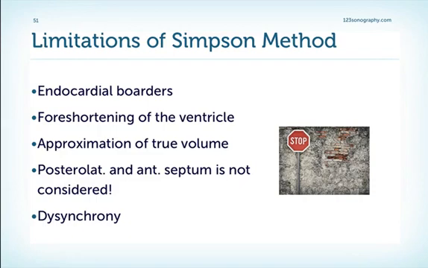It is only an approximation of true volume, especially because the posterolateral and the anterior septal region is not considered. So if we have scars there, we will not have them in our calculations of ejection fraction. And similar to the M mode, dyssynchrony is a problem because it is difficult to time diastole and systole if the ventricle does not contract in all regions at the same time.